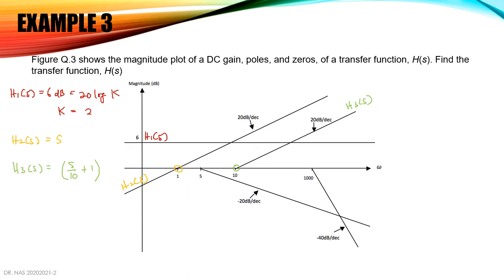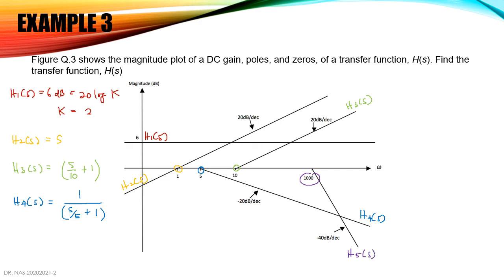So now let's move on to the poles. The first one, you have poles at 5. We call this one H4(s). It is poles, so H4(s) equals 1 over (s divided by 5 plus 1). Okay, and we have another line, poles at 1000. We call this one H5(s).